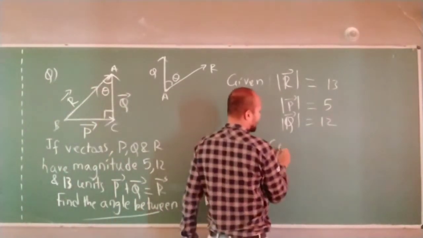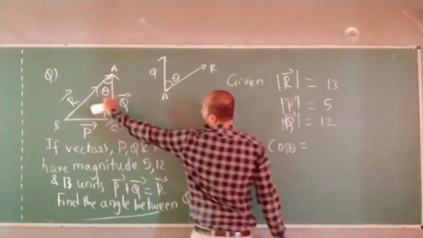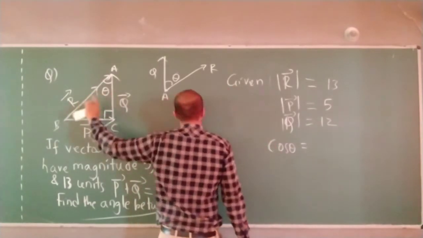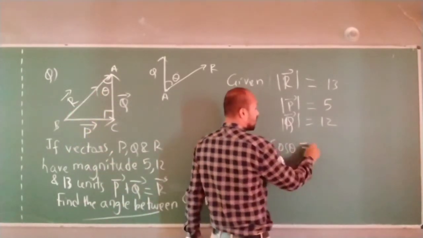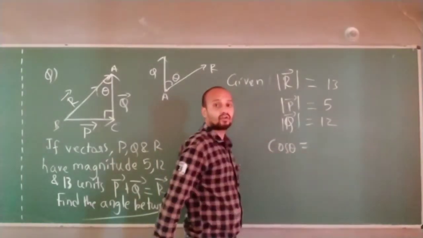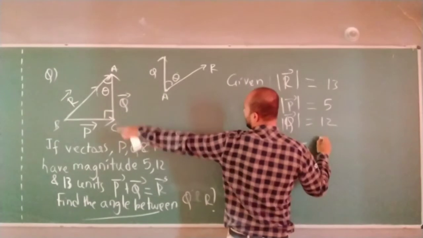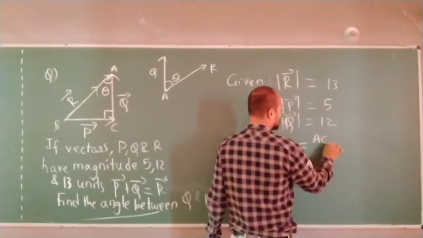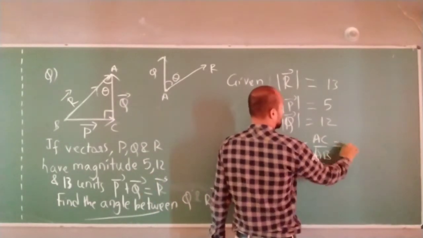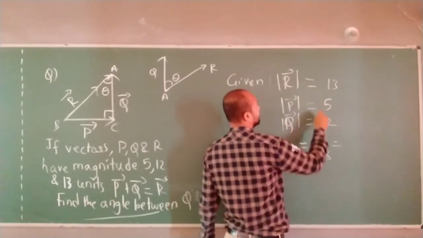So from the right angle triangle, cos theta is equal to opposite by hypotenuse. Cos theta means I am taking the magnitude values. Opposite by hypotenuse means it is AC by AB. What is AC?